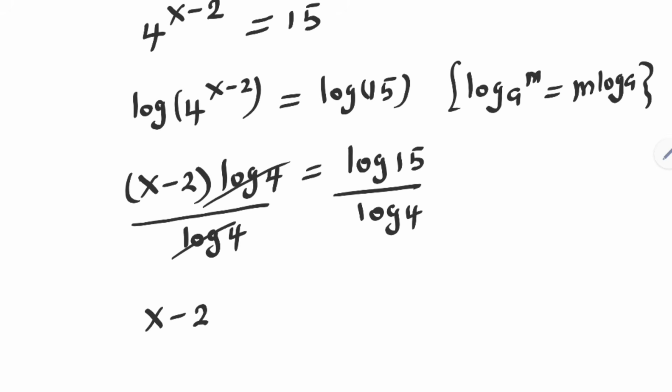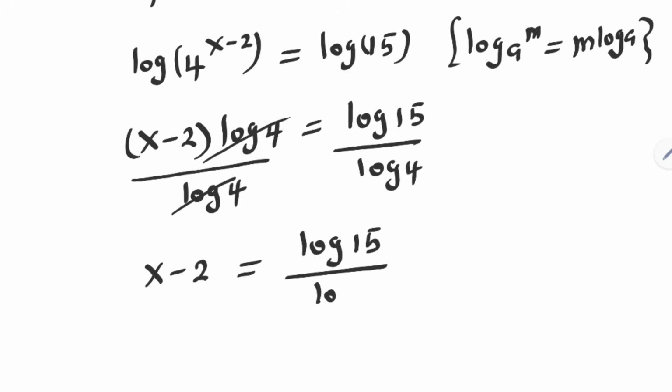x minus 2 is equal to log 15 divided by log 4. 15 is equal to 3 multiplied by 5.